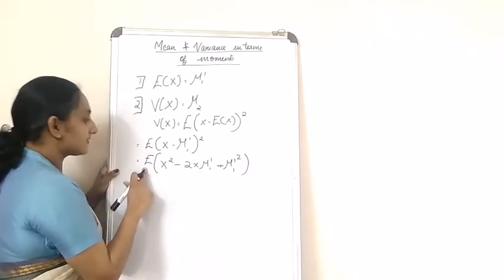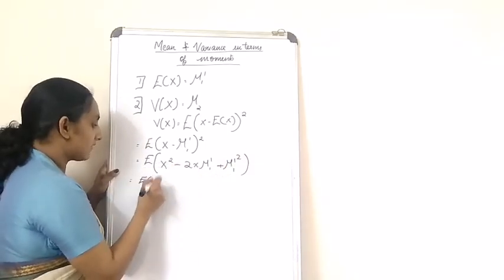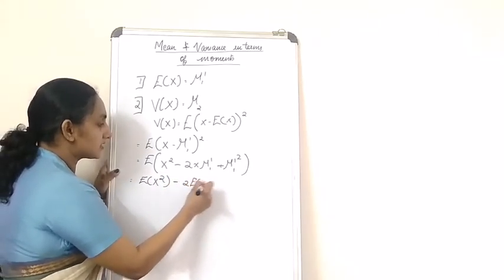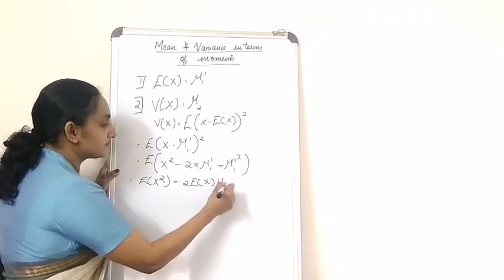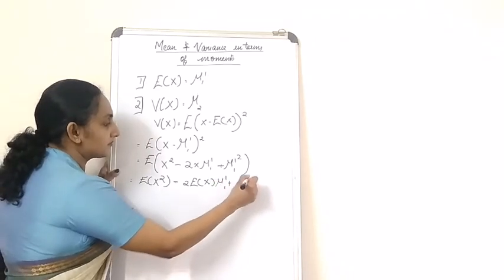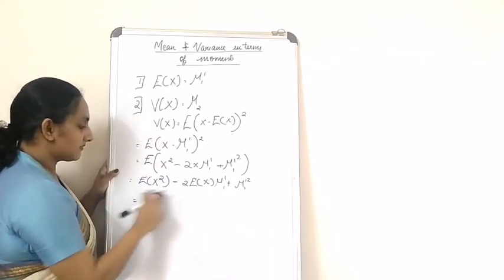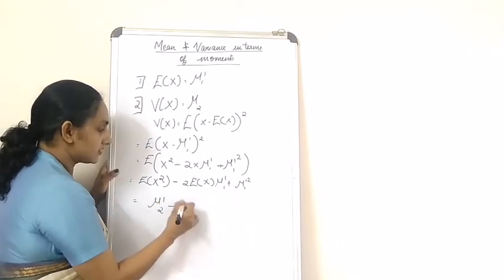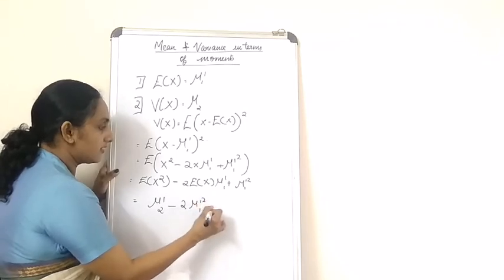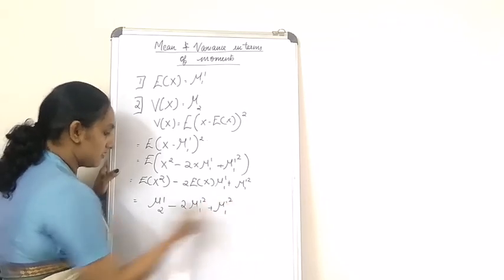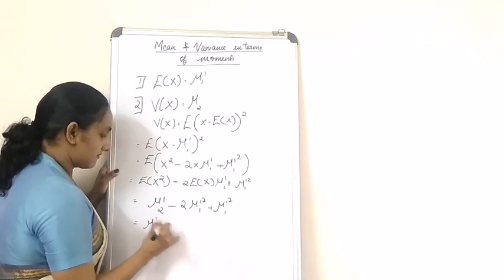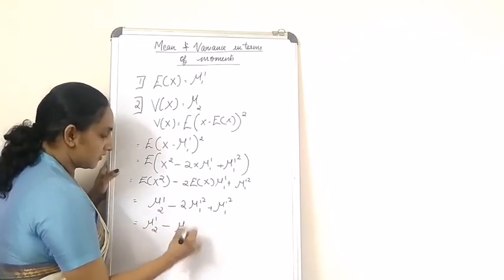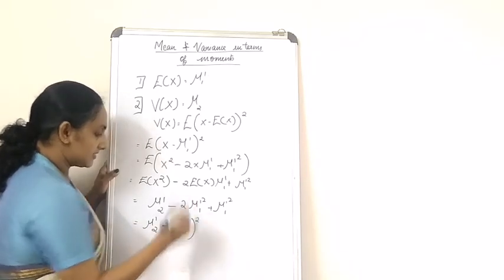Now if I take expectation inside, I think you have already done this and you will be familiar by now what the final answer will be, which is mu2' minus 2 (mu1')² plus (mu1')², which is equal to mu2' minus (mu1')².